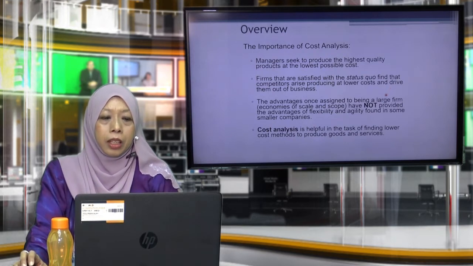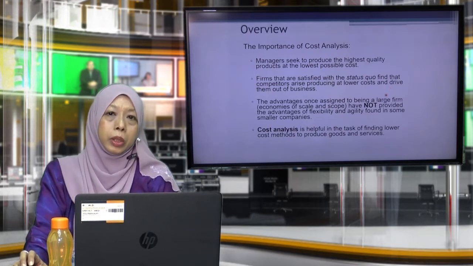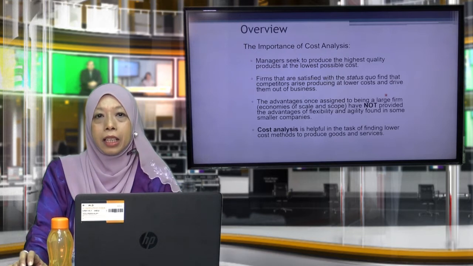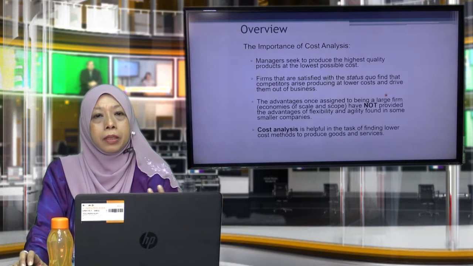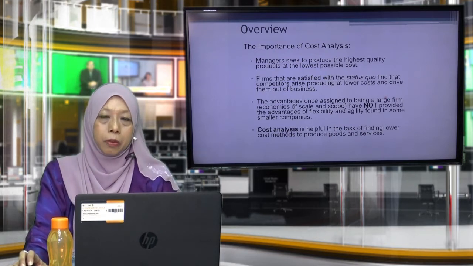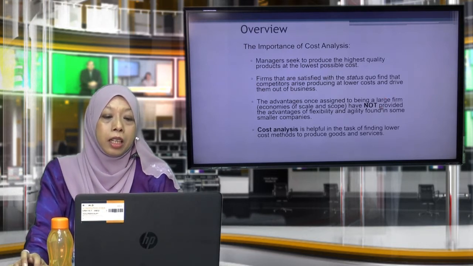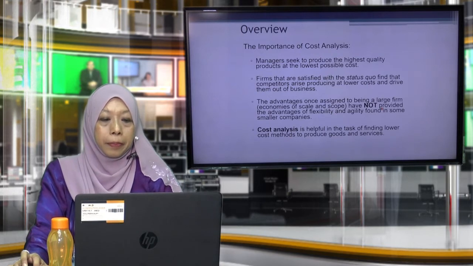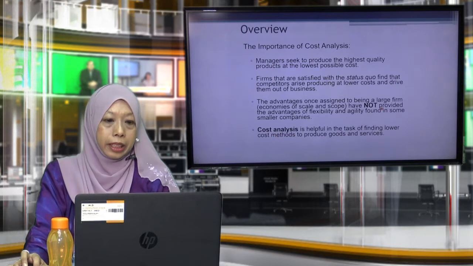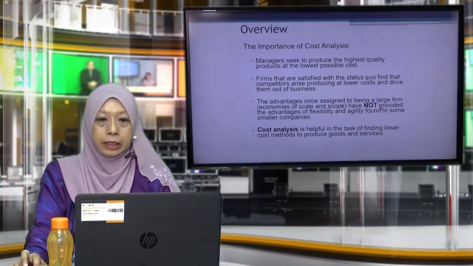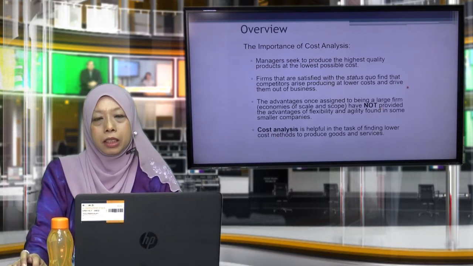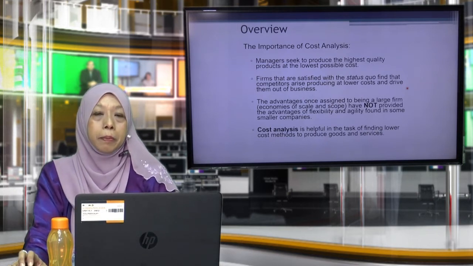So in this chapter we're also going to look at the benefits of being a large company and the costs, or disadvantages, of being a large corporation instead of a smaller one. Hopefully by analyzing cost, we are able to find the lower cost method to produce goods and services.